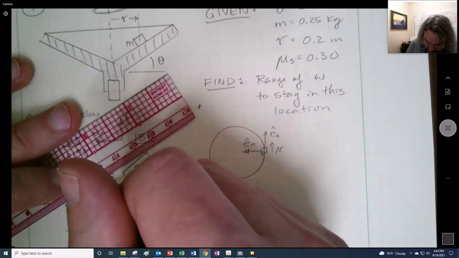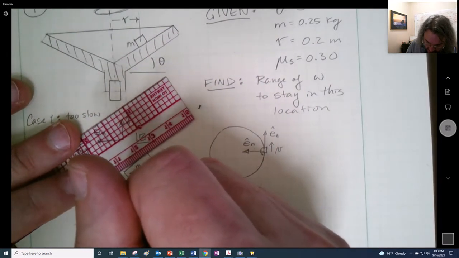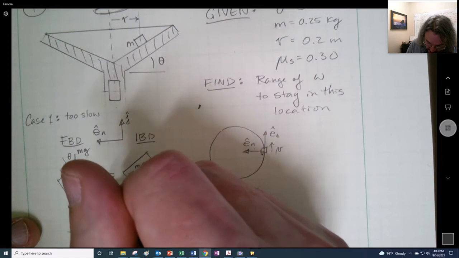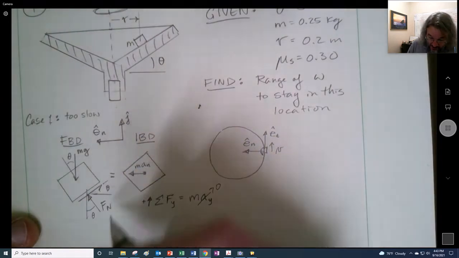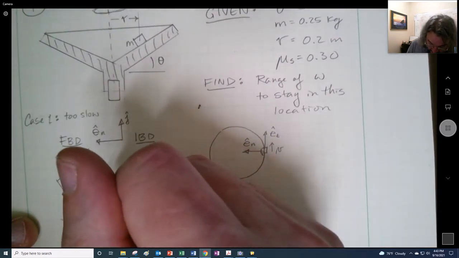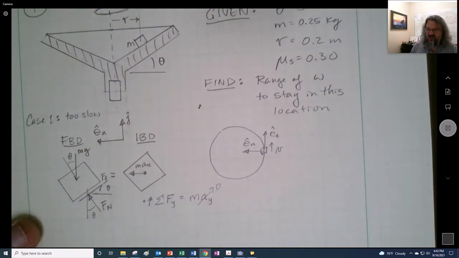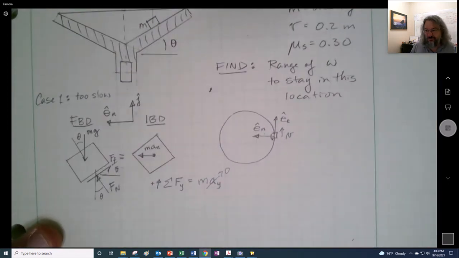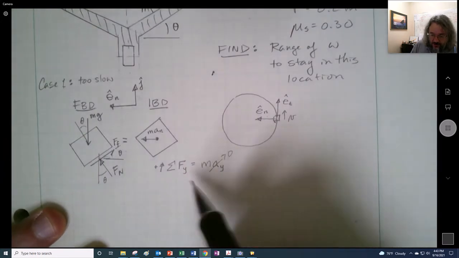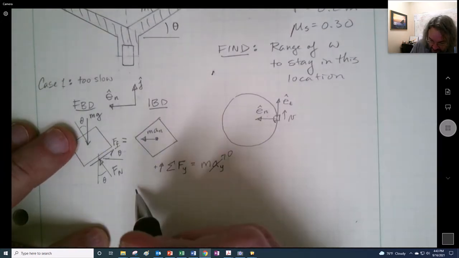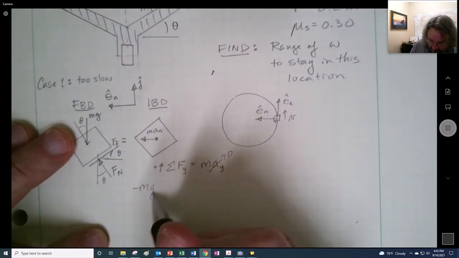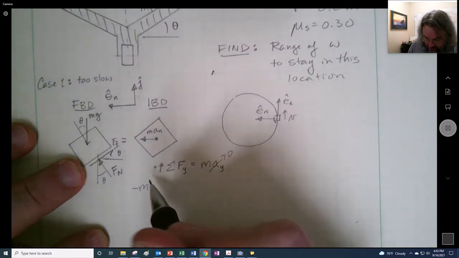I can extend this a little bit and put the theta right in there. So you can see that's where that angle is going to be, and here's my label for the friction force. I think you can understand that, right? Something like that.